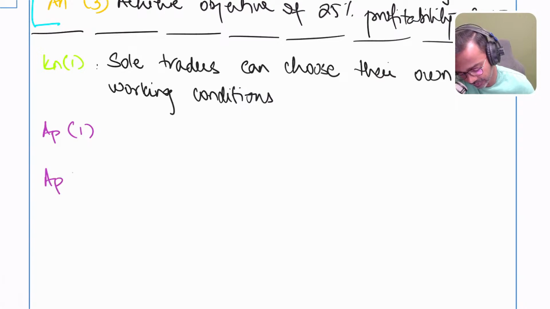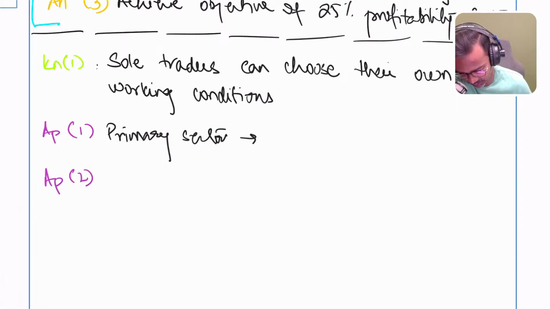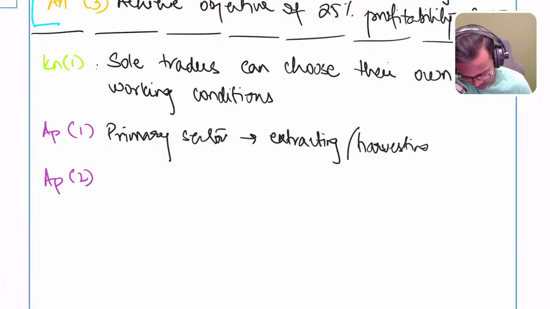Well, I know that they are involved in 2 different parts. I'm going to write this one in more short form because I want to get to the 12 marker. So I can mention that they are part of the primary sector, right? Which is all about extracting, I should call it harvesting because we're talking about fruits here.